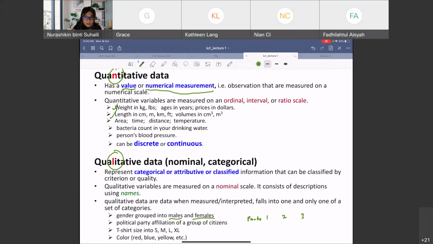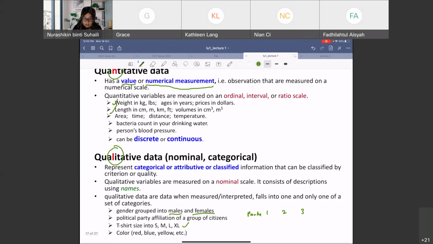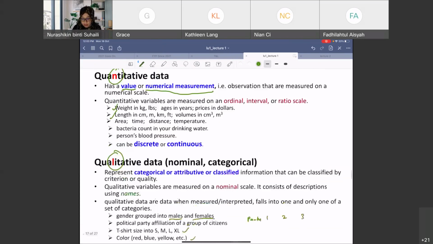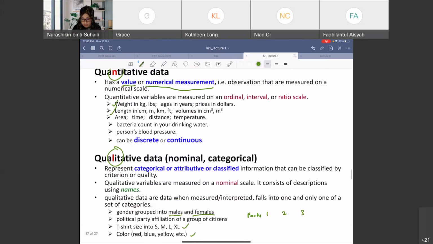There's no number. Like size, S, M, L, XL. Color, red, blue, yellow is something very unique. So that is qualitative, or characteristics. Those kinds of data are qualitative data.